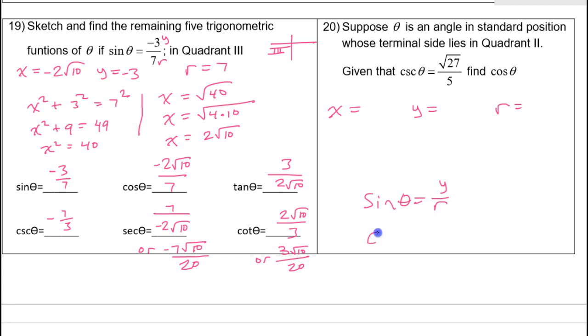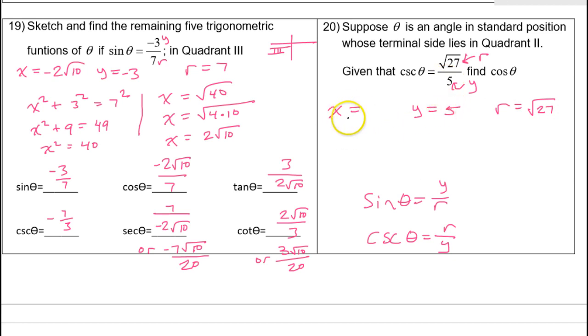So that means that cosecant is r over y. So when they give us this cosecant, this must be the r, and this must be the y. Alright, so r is radical 27, okay, and y is 5.